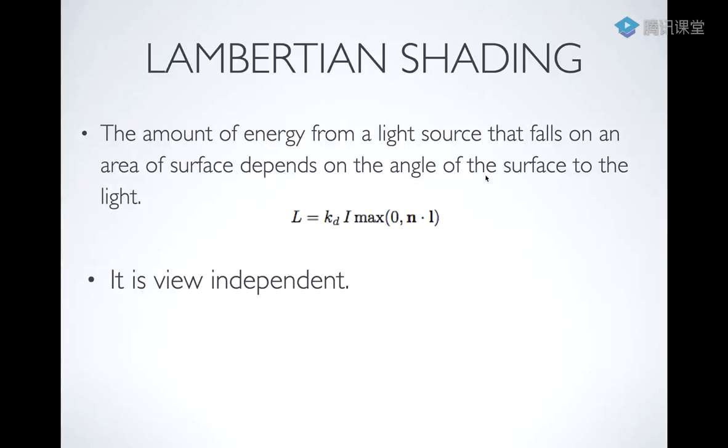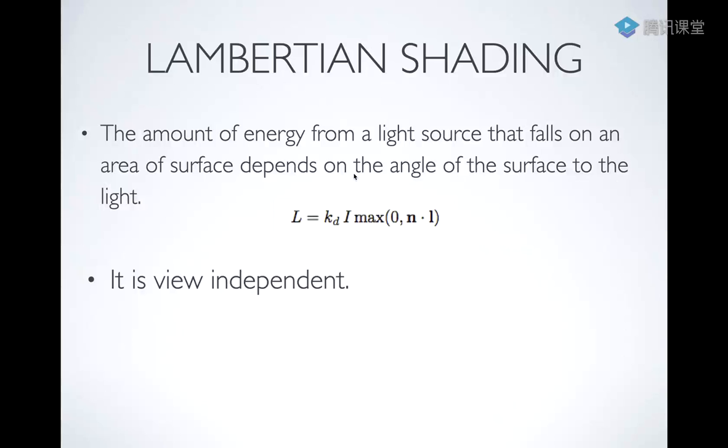We can often see this kind of object, for example your clothes, especially woolen or cotton clothes. If you look at the clothes, you will see some brightness changing, right? And all this brightness is caused by the angle of the surface to the light.